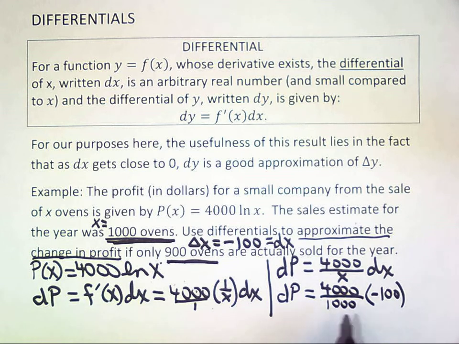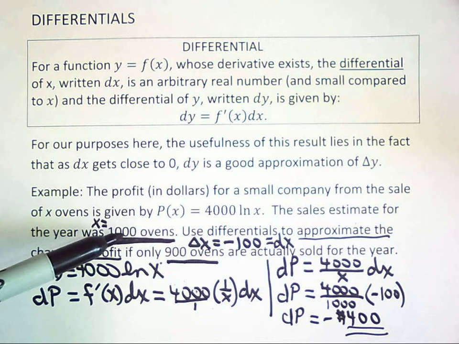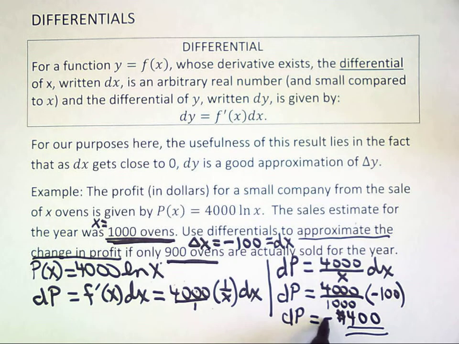Now, I'm not going to make a big deal about the arithmetic, but 1,000 goes into 4,000 four times, and 4 times negative 100 is negative 400. So the change in profit would be about negative $400. So the profit estimate that they originally had would have to be decreased by about $400 if they actually only sold 900 ovens.